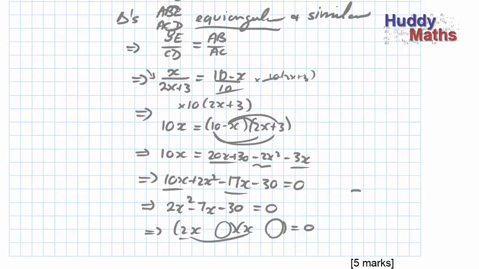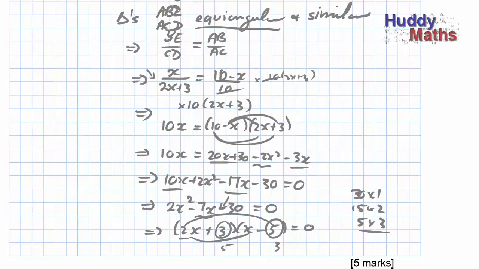So we could try 30 and 1, 15 and 2, 5 and 3. We'll stop there. Now, we want negative 7x, so you can try 5 and 3 in these two spots. One's got to be positive, one's got to be negative, because when multiplied together, the number at the end has to be negative 30. So if you try that, you'll find take 5 and plus 3 works.